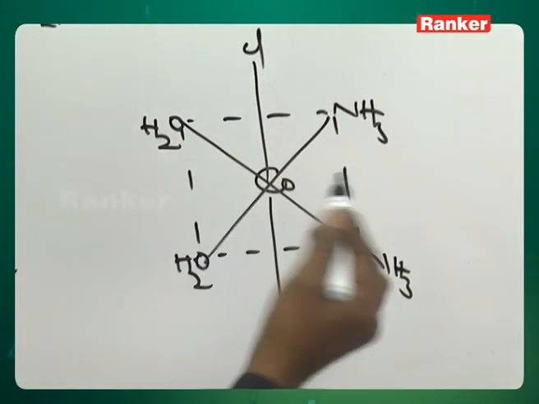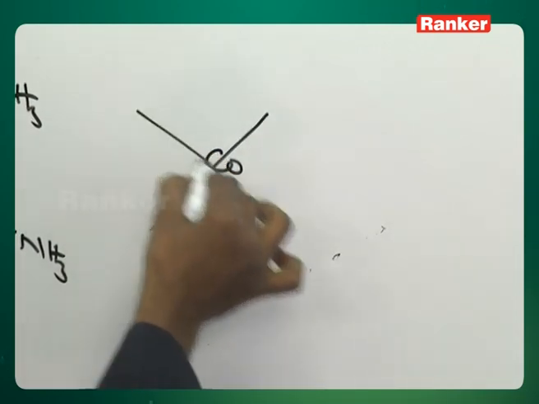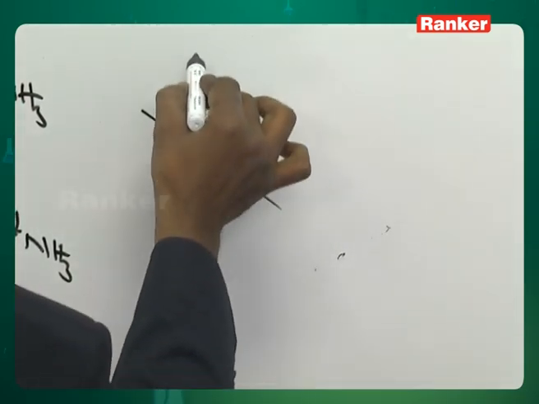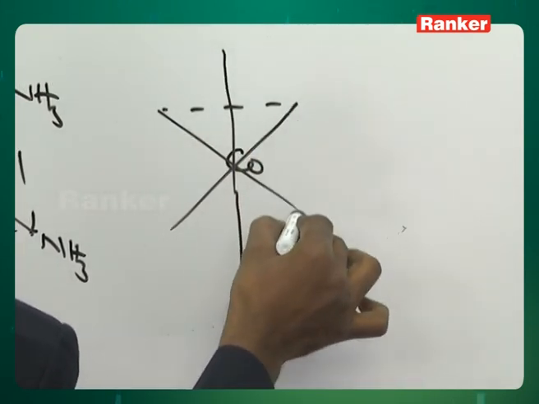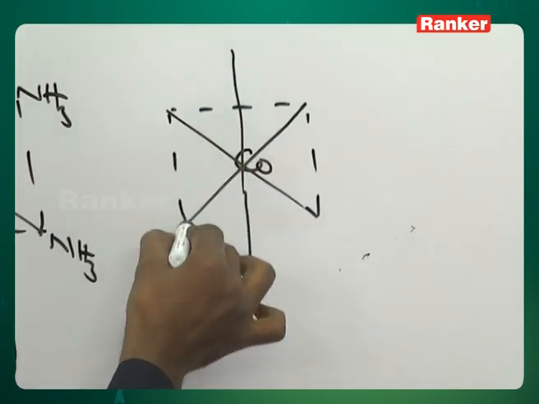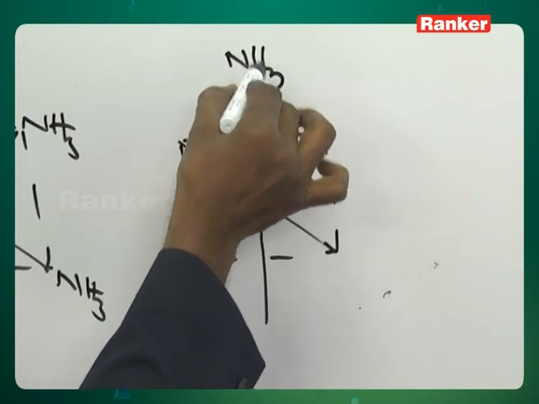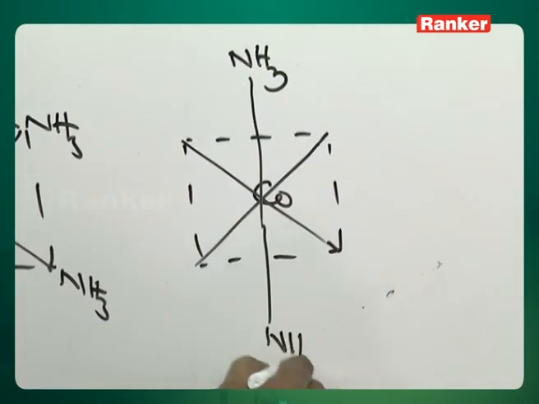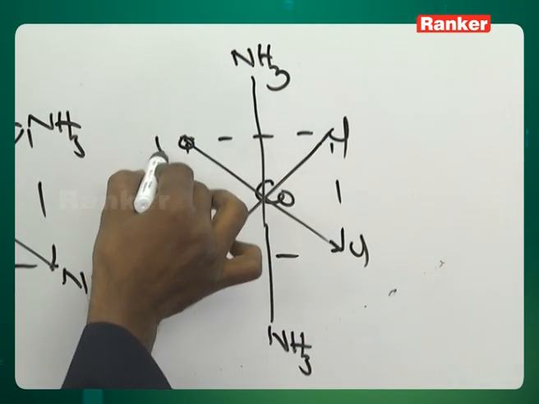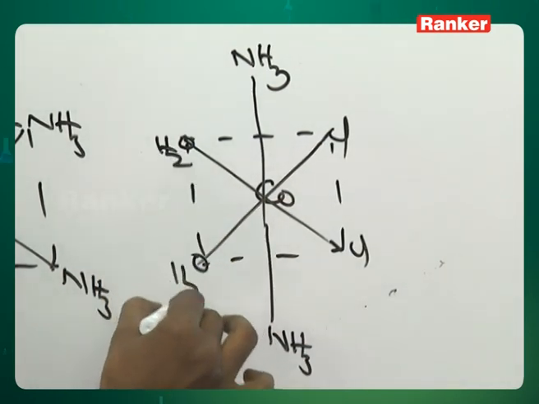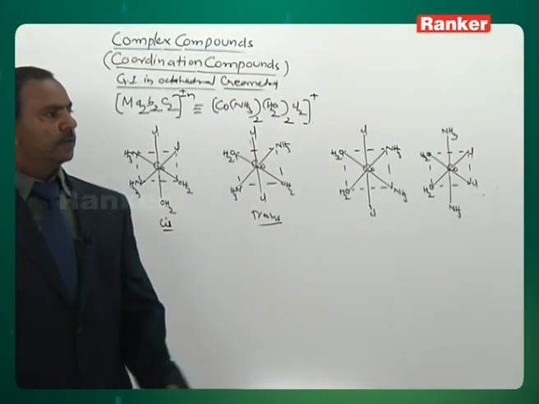Next, fourth possible structure. Theoretically 5 isomers I said. Now I keep amine ligands in the trans. Remaining I will keep cis to each other. Fourth isomer.